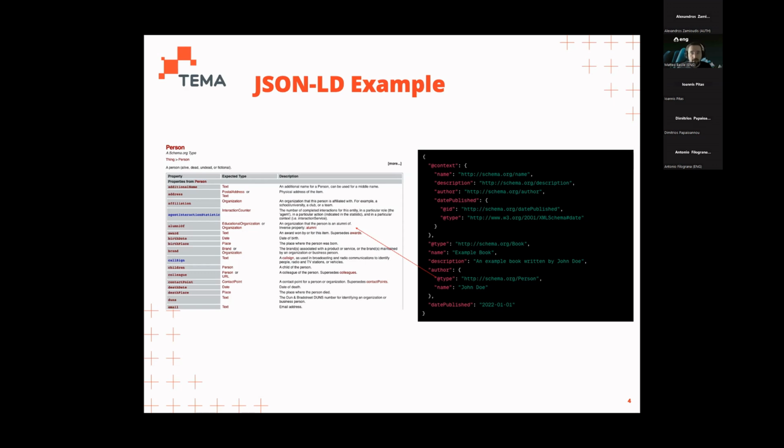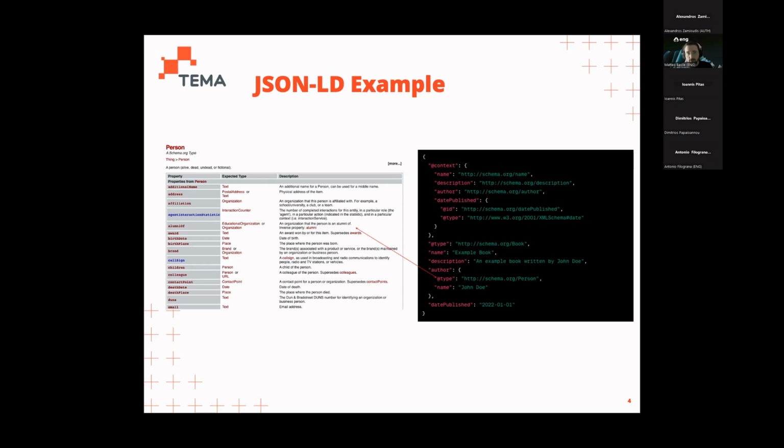We can have multiple contexts for the same attribute because the same attribute in different contexts, in different entities, can have multiple meanings. And that's why JSON-LD is very, very powerful, because now we know which is the meaning of each attribute in the JSON-LD.